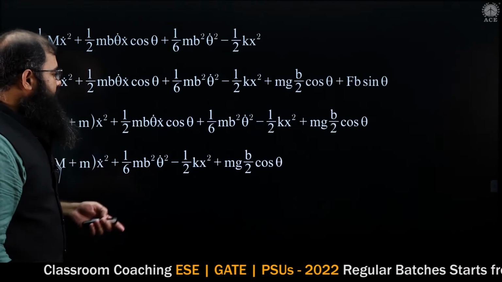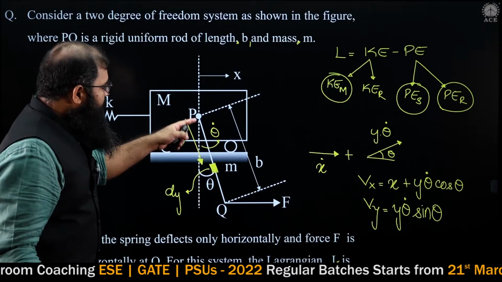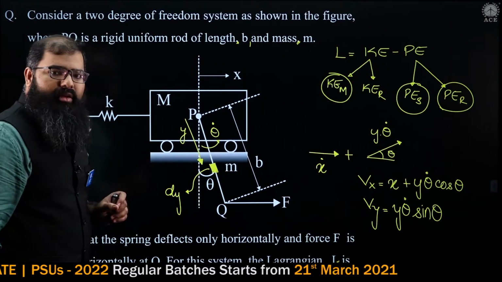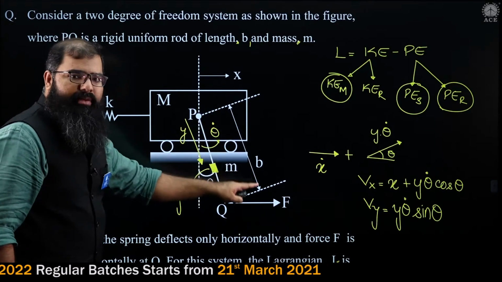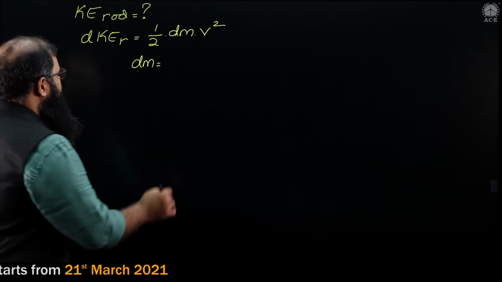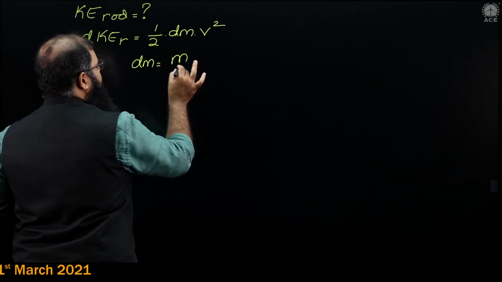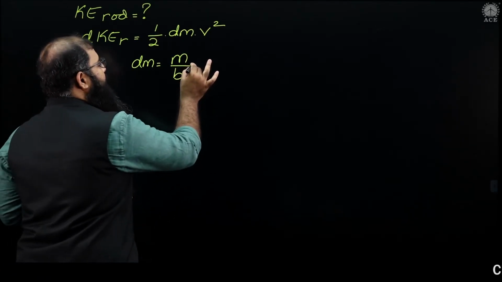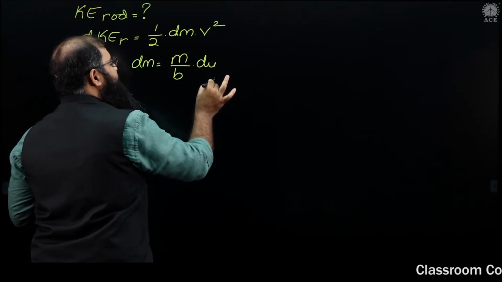You can think logically. For the entire length b, the mass is m. For a differential portion, it will be m divided by b multiplied by dy. So differential mass is equal to m divided by b, the mass per unit length, multiplied by my small length dy.